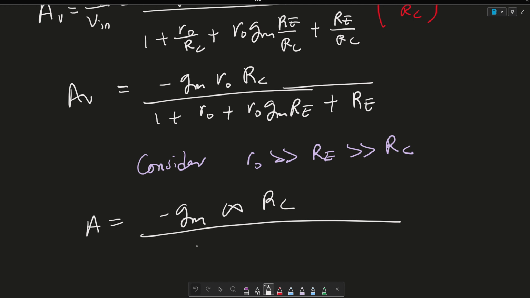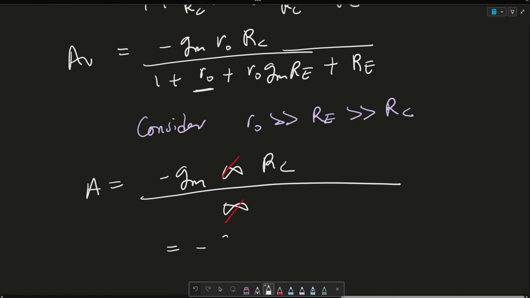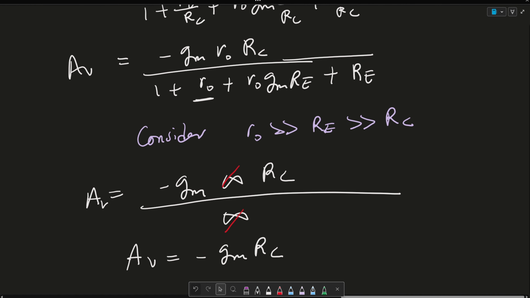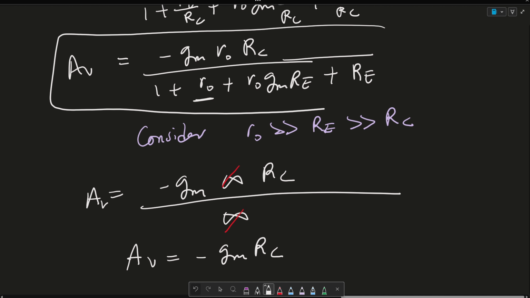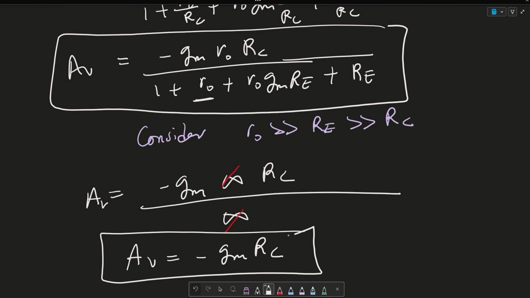Since RO is infinity, this whole bottom denominator becomes infinity, and this cancels out. So we're left with minus GM RC is equal to AV. This is the approximate solution with very high accuracy.